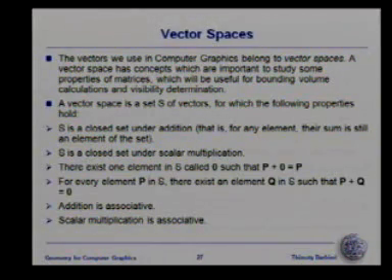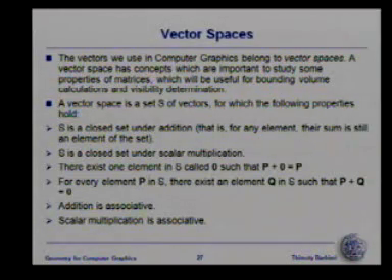Now we have to brush up a little bit vector spaces and matrices. I will be rather quick because I gather that you know already more or less this material. Every set of vectors that we use in computer graphics belong to a vector space.